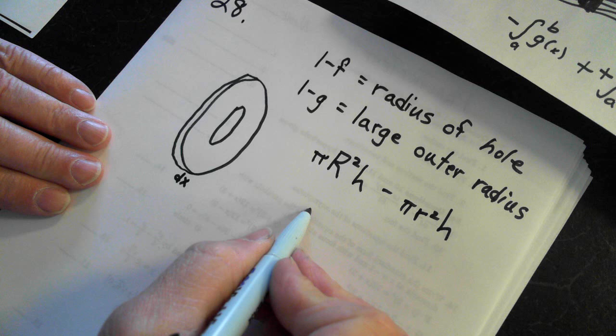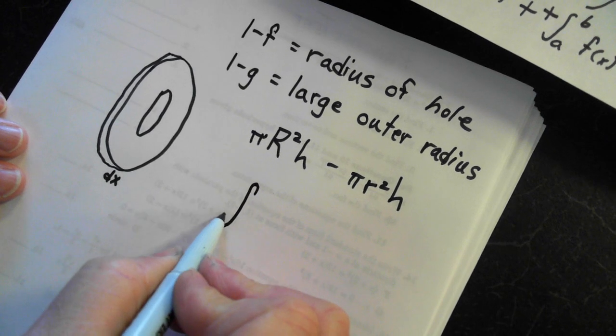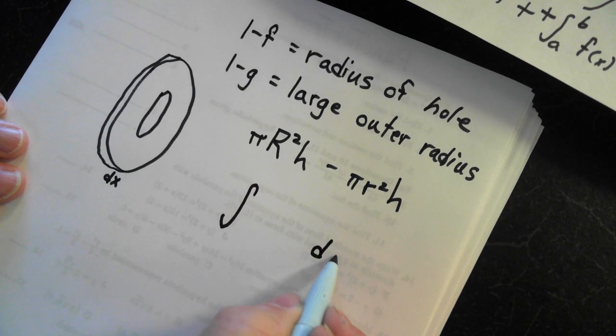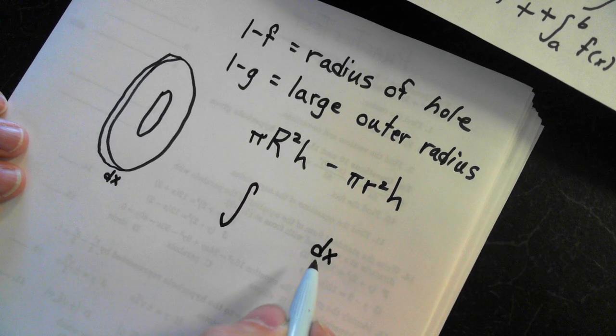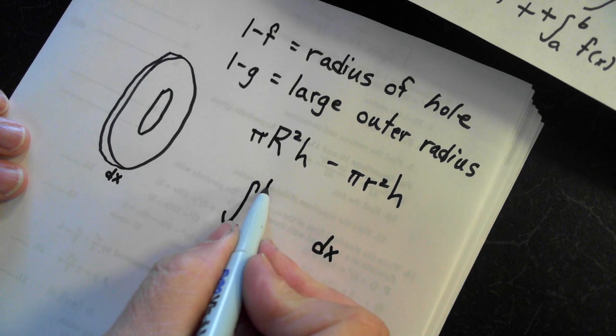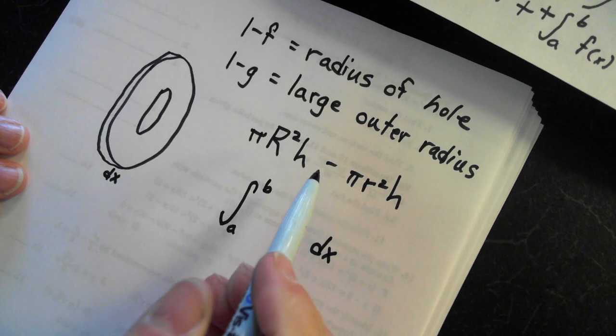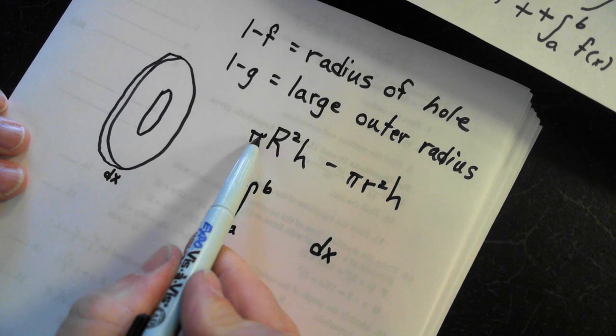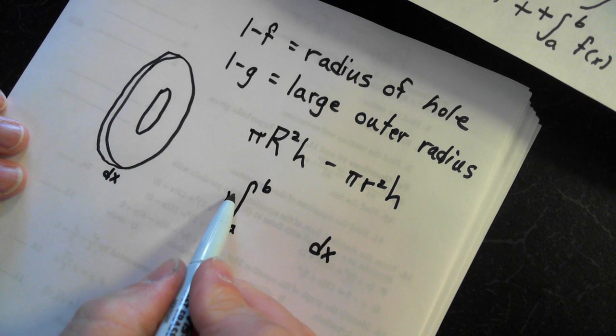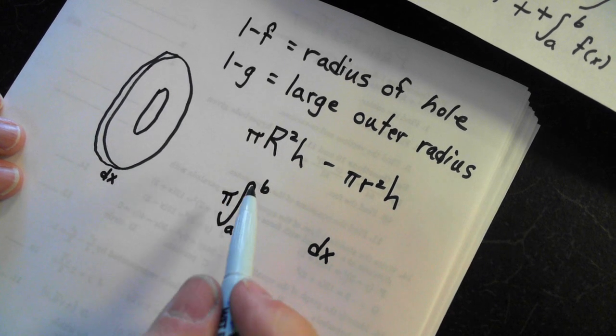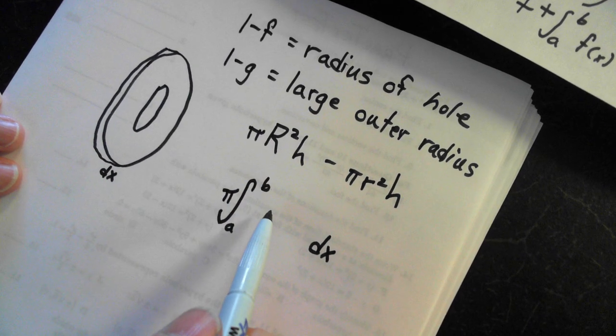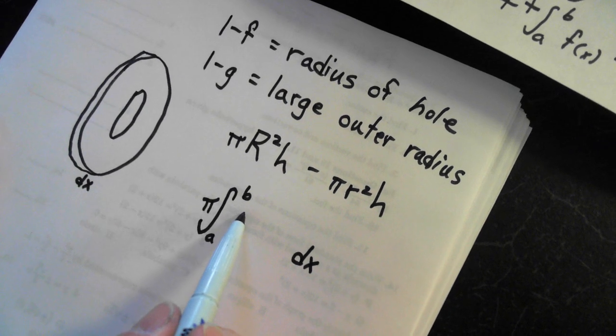So we can cover this by doing a whole bunch of infinitely thin slices from A to B. We can take the pi and set it outside, as is usually done. And inside here we just need R squared minus r squared.